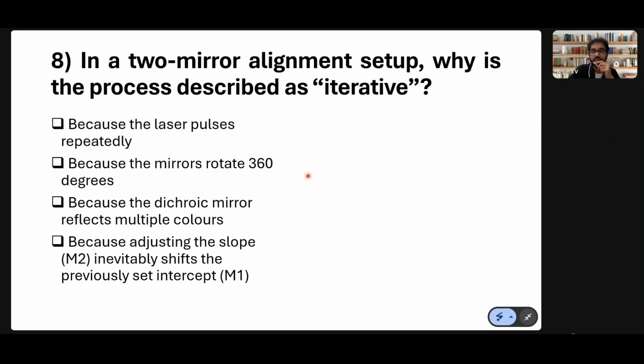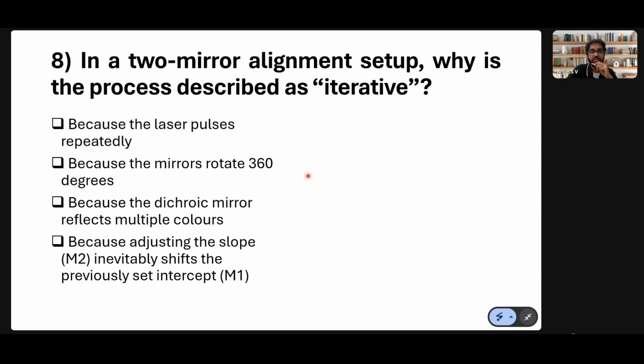Question number 8. In a two mirror alignment setup, why is the process described as iterative? This is a direct application of the third question, where we saw the intercept.